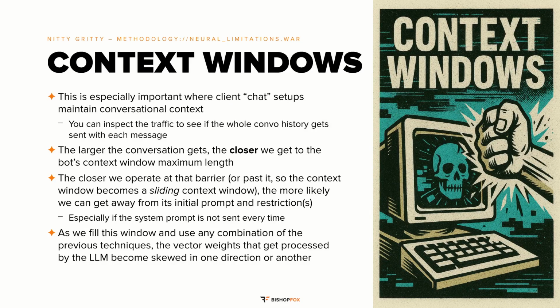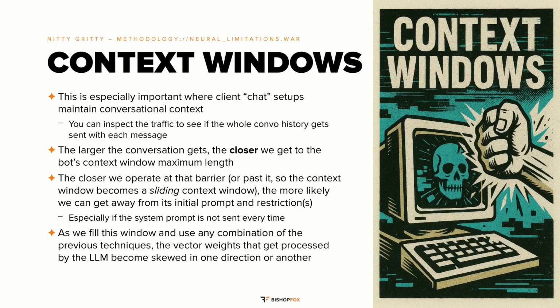The longer the conversation gets, the closer we get to the bot's context window's maximum length. And if we can operate at that barrier or past it, the context window in that case would become a sliding context window. The more we operate in that area, the more likely we can get away from the initial prompt and restrictions of that prompt.